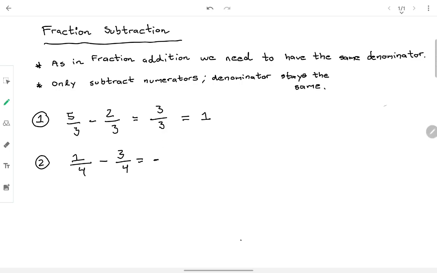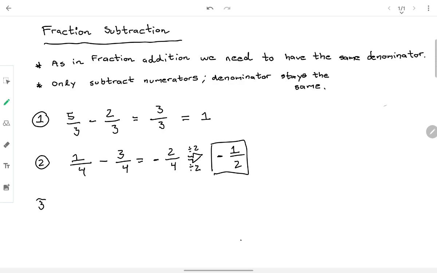In this case, we will get only minus 2/4. We can simplify that part if we divide both terms by 2. We will get minus 1/2, and that is going to be our final answer.